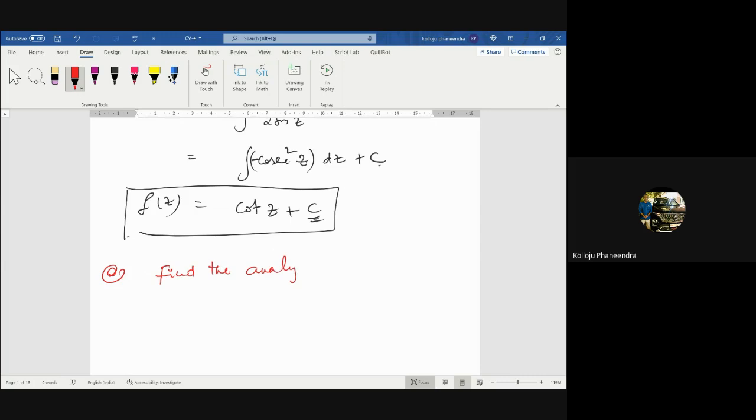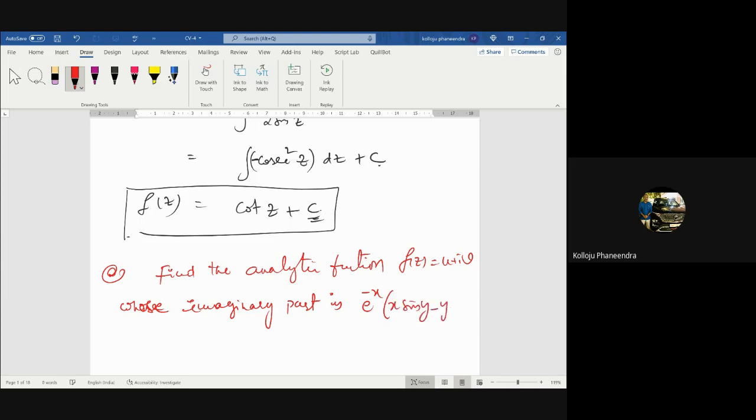Find the analytic function f(z) equal to u plus iv whose imaginary part is e to the power of minus x into (sin y minus y cos y).